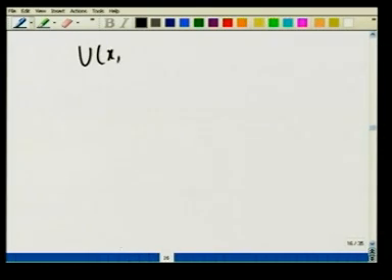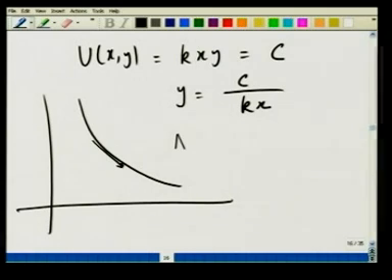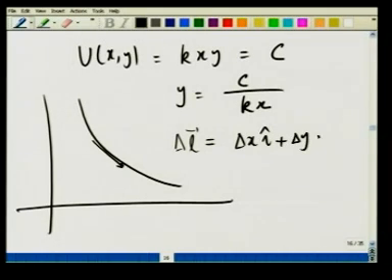U(x,y) equals kxy equals c, and that means along the constant energy surface, let me take one particular one, y is equal to c over kx. If I make a displacement along the constant contour surface, I am going to have delta L, which is equal to delta x along i plus delta y along j.